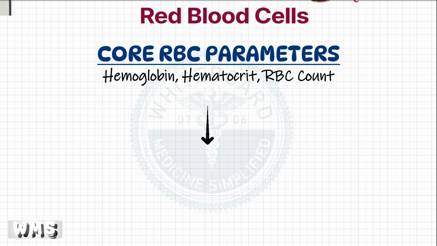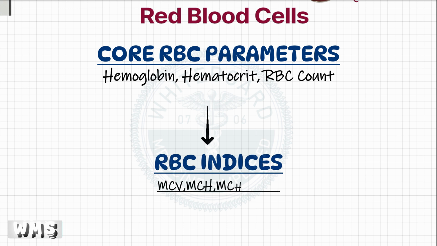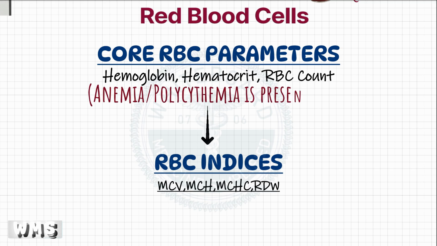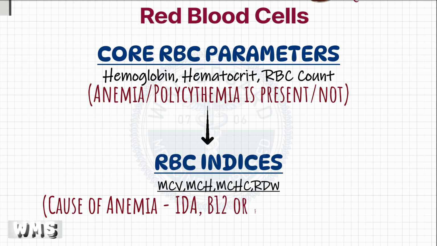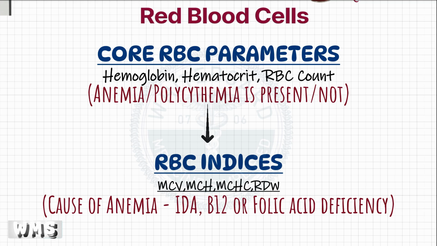Next, we will discuss the RBC indices, where core parameters tell us whether anemia or polycythemia is present, and indices help us to determine the cause of that anemia, such as iron deficiency or vitamin B12 and folate deficiency, and also guide us toward the specific type of anemia.